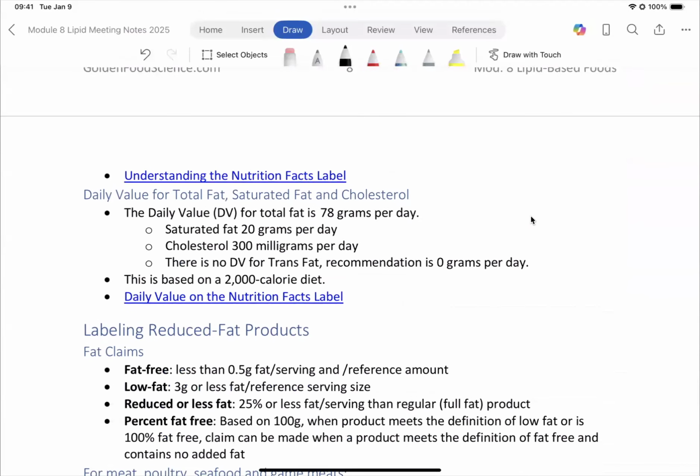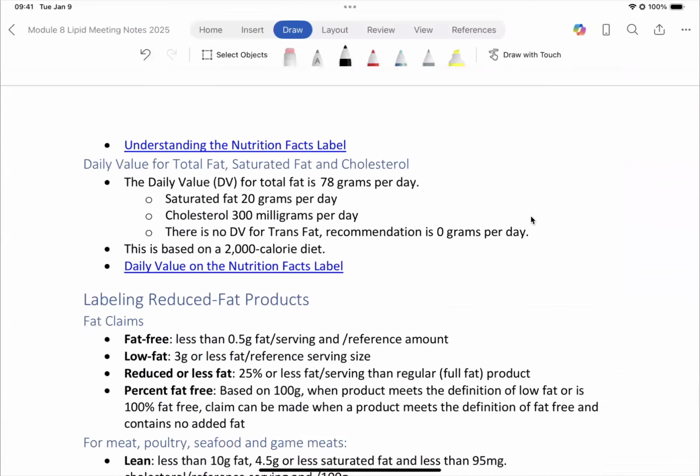The daily value for fat is 78 grams. So 78 grams times 9 would be how many of the 2,000 calories? Remember, this is based on a 2,000 calorie diet. 78 grams times 9 is 702 calories.